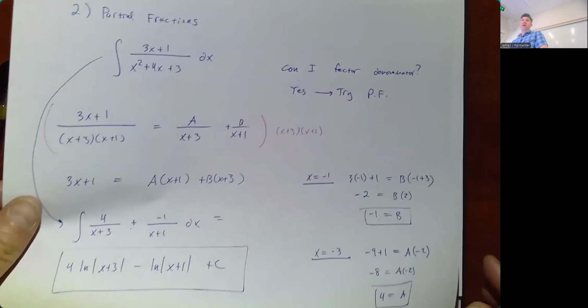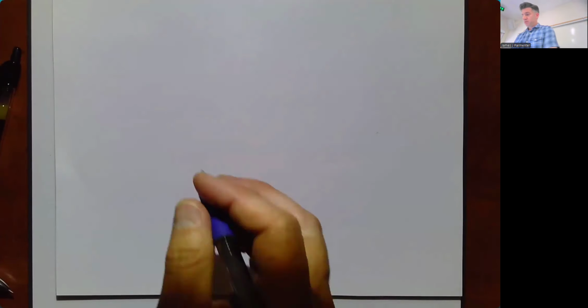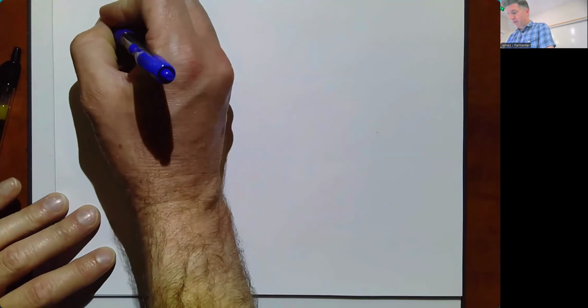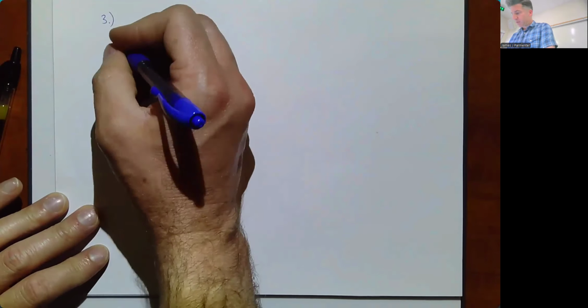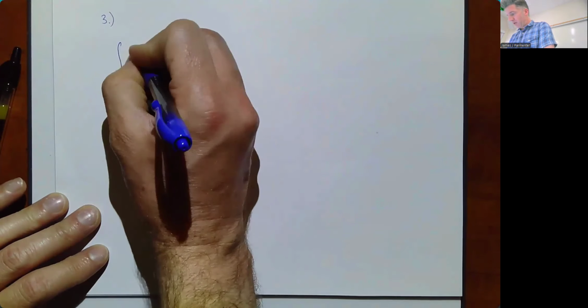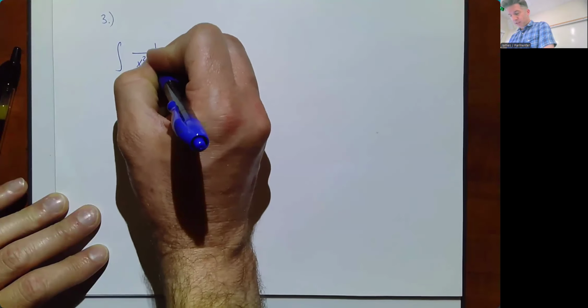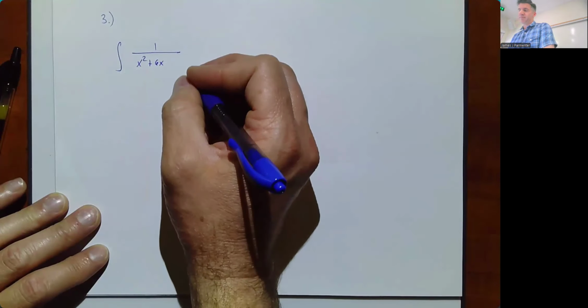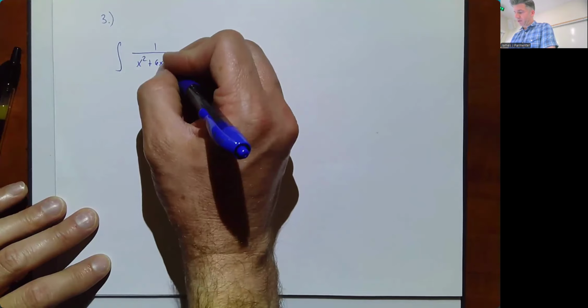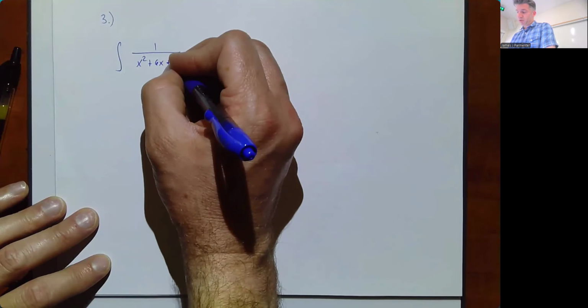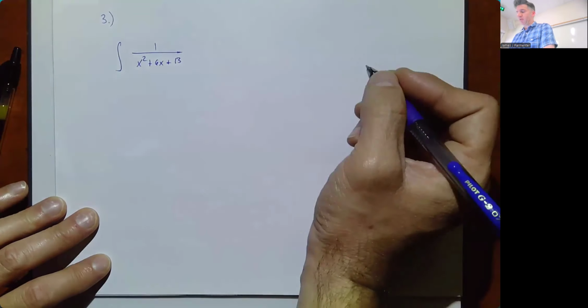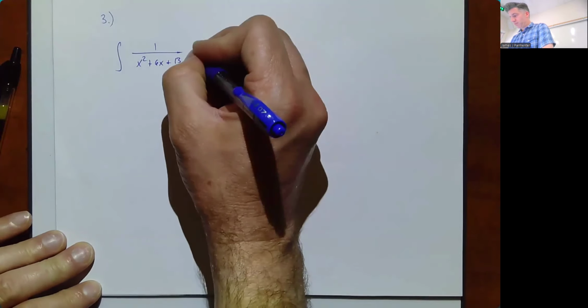Sometimes you can't factor the denominator. Like, I'm gonna leave off the name of this for a second. I will put it in. Like, for example, 1 over x squared plus 6x plus, I don't like that number. I'm gonna pick a different number. 13. Cool.